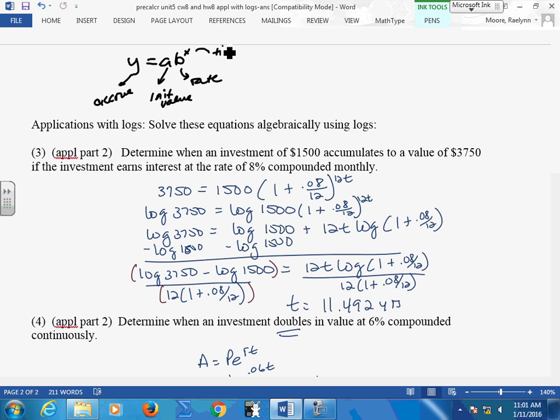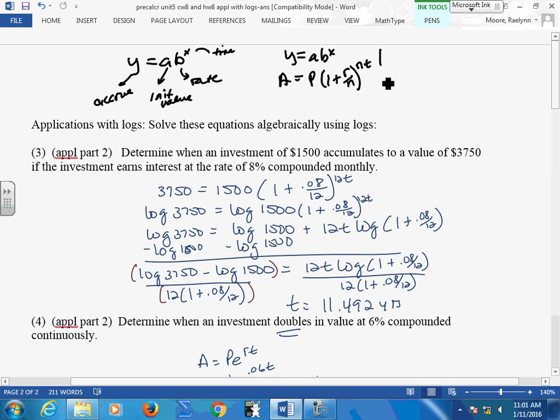It still follows this format, believe it or not, because watch, it looks like this when you compound your money. Here's my principal, here's my rate, here's my time, but we also have a compounding factor in there. That's only for money. Everything else still works off of this.